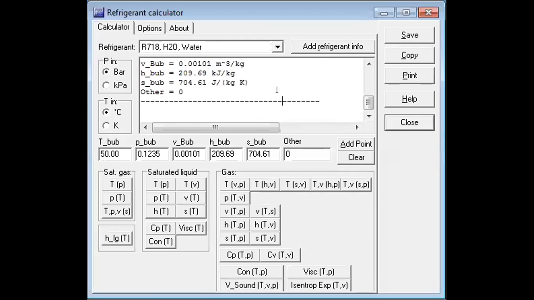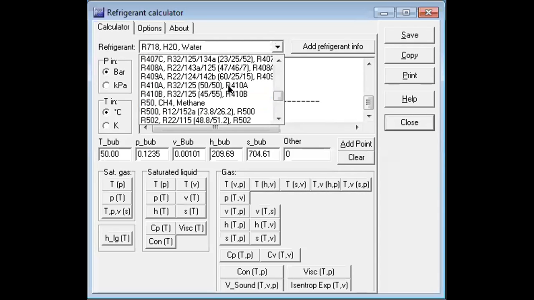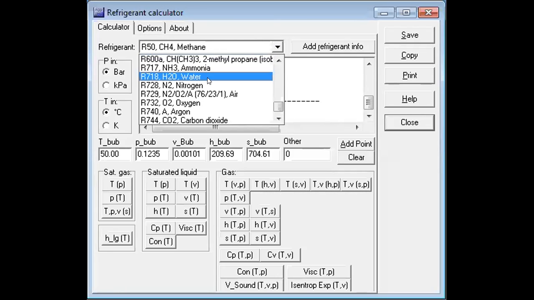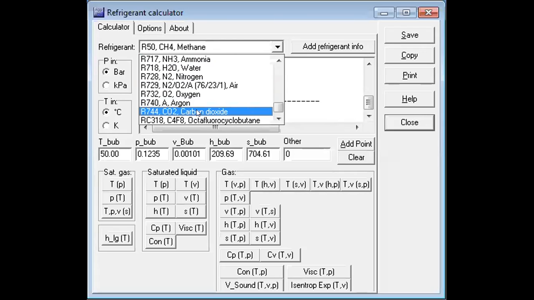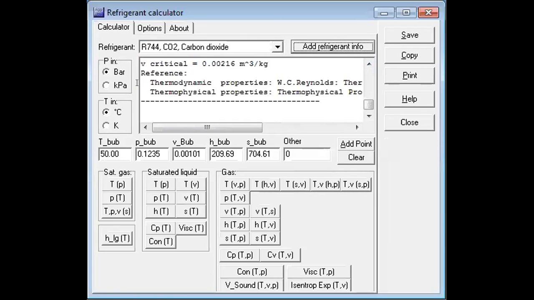CoolPack. If you are dealing with some refrigerants, let's say, methane is not used as a refrigerant. CO2, the latest. In the refrigerant info, CO2 is here.